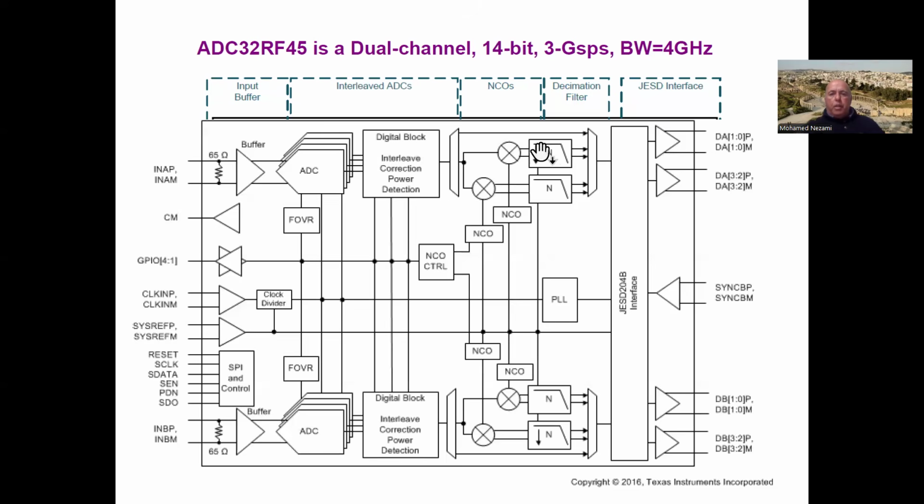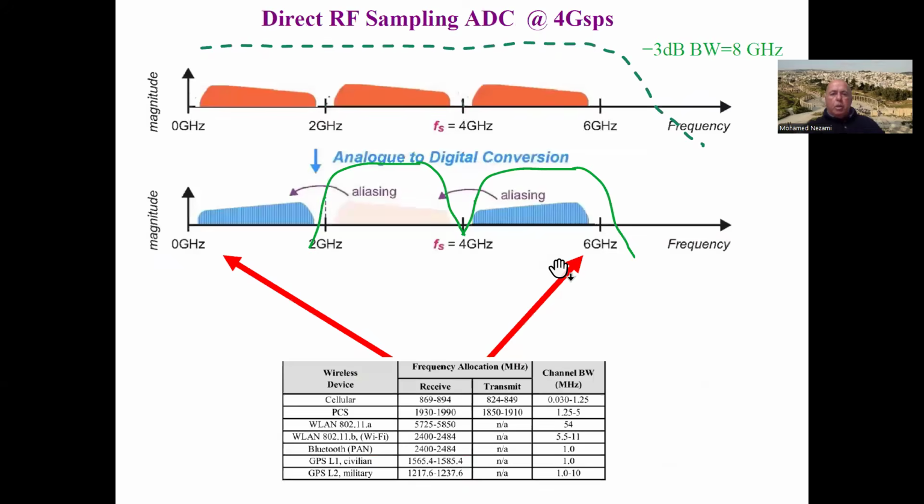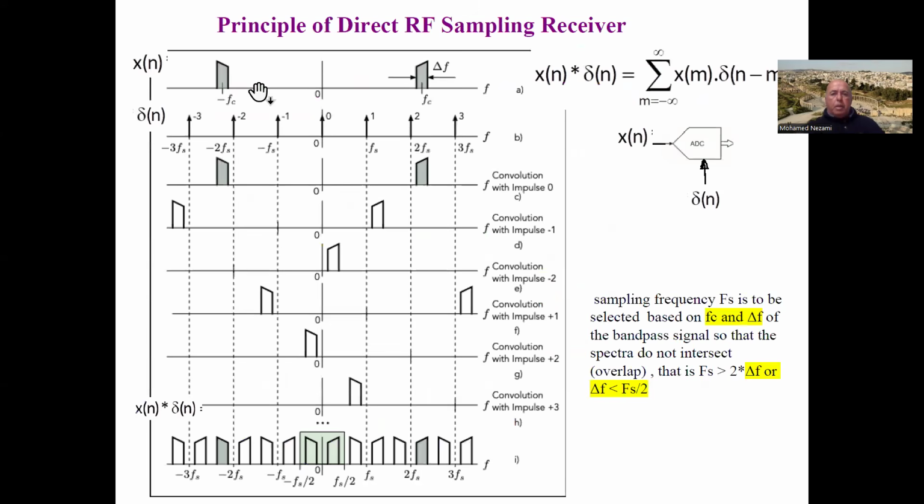The reason we have this is because remember what I said here. When you sample this, there are a whole multiple of replicas, and there's no signal here at baseband, because baseband means its center frequency is 0 hertz. So we need to digitally down convert one of these anywhere in here.